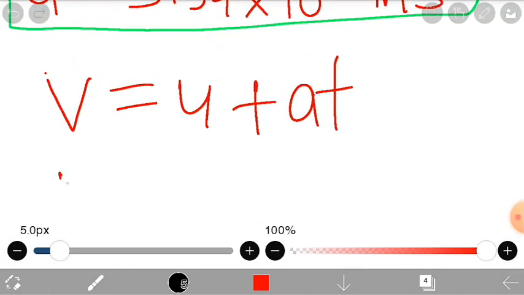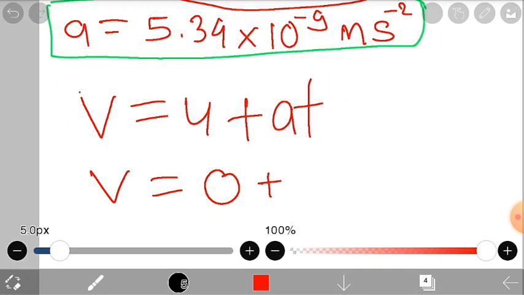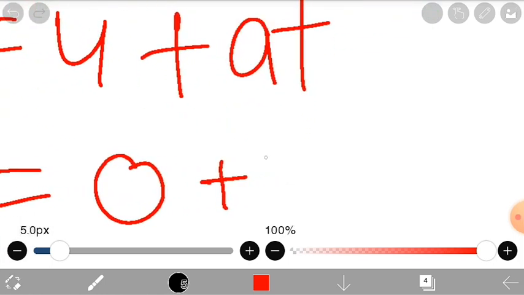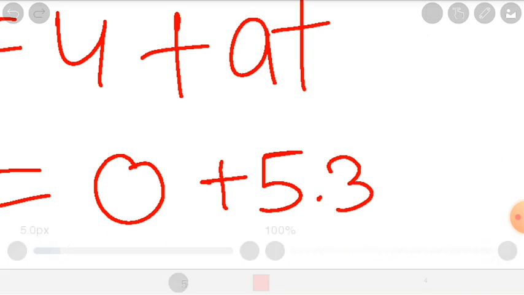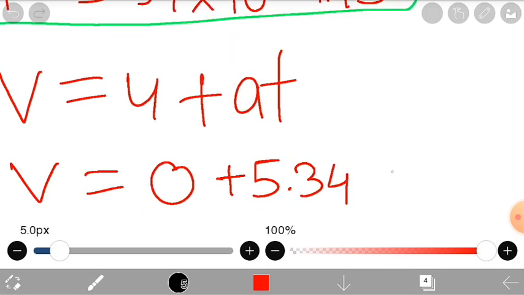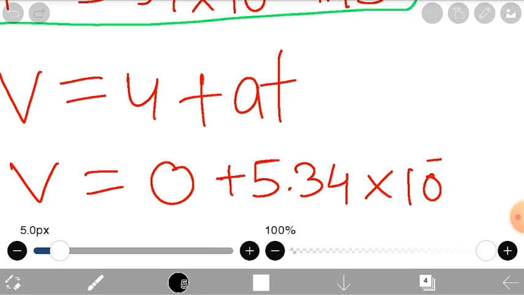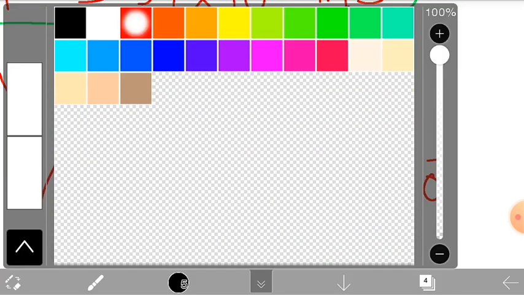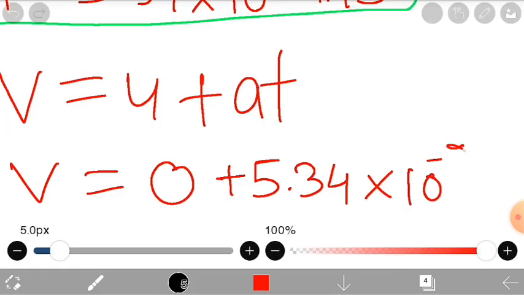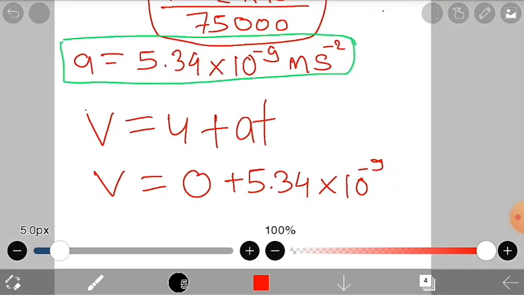Therefore V equals, given that initial velocity U equals 0, plus acceleration 5.34 into 10 raised to minus 9 into t.